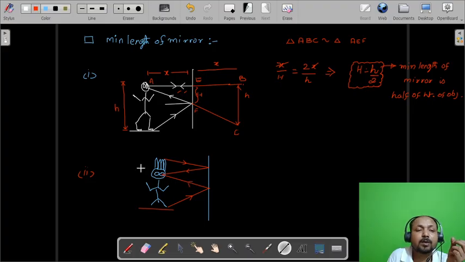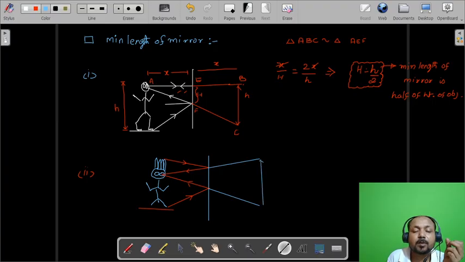Now tracing the reflected ray, or extending it to the back side of the mirror, here we will get the image.